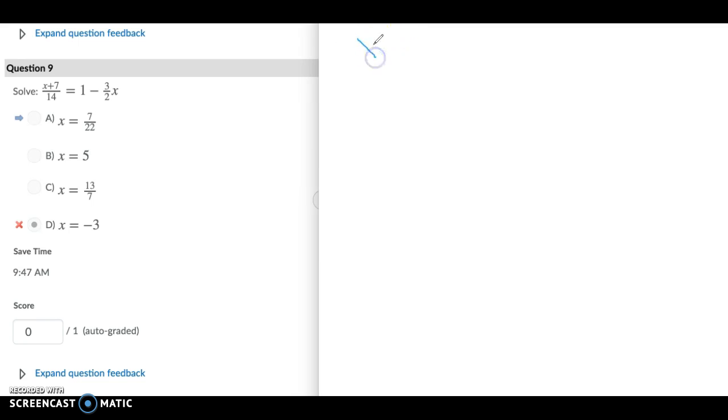So this one also has a fraction. And I am also going to clear this one as well, because this x is kind of trapped right here.